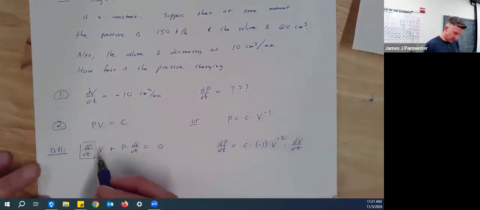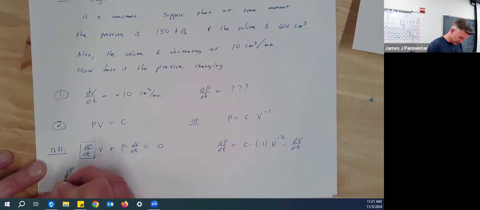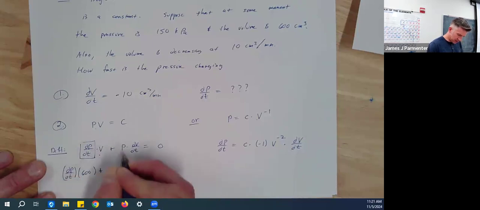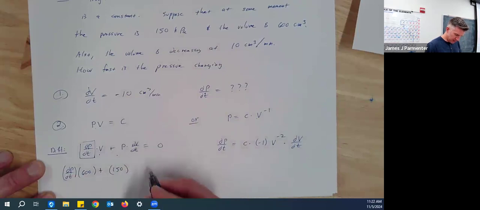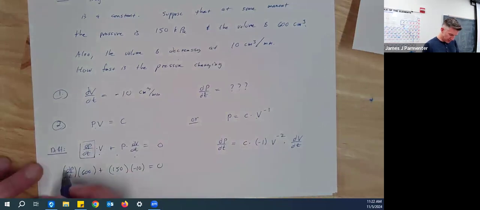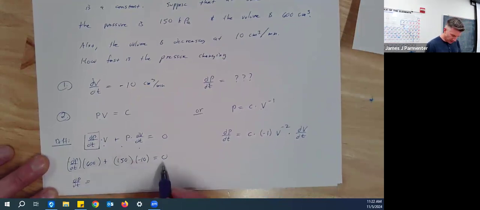So I know that the volume was told to be 600 centimeters cubed. So I have dP/dt times 600, plus the pressure was said to be 150 kilopascals, and then dV/dt is -10. So solving for dP/dt, adding this over here, I'm going to get positive 1500.